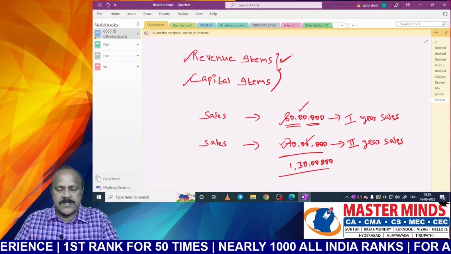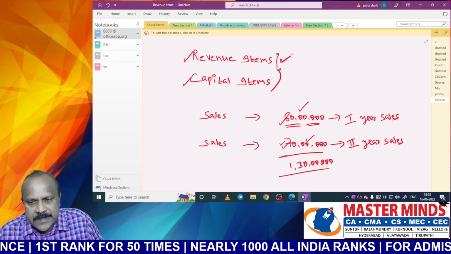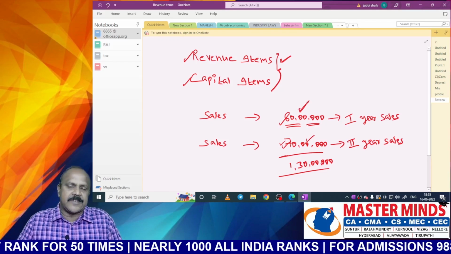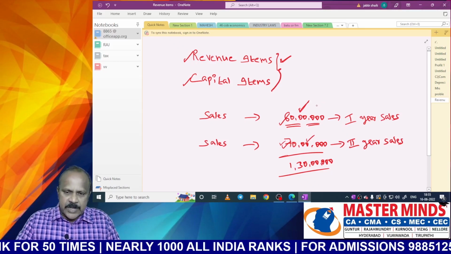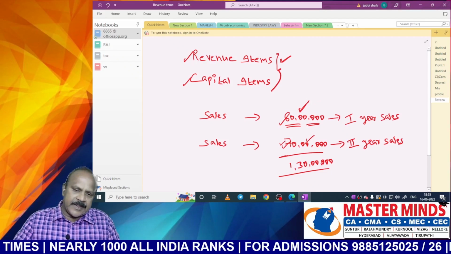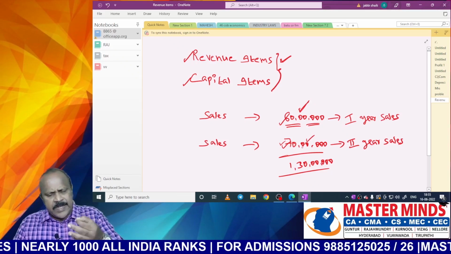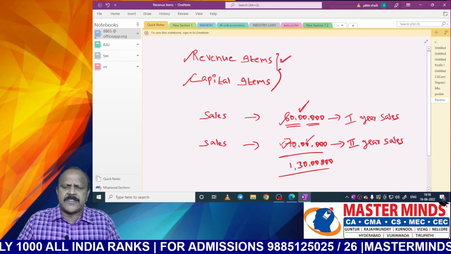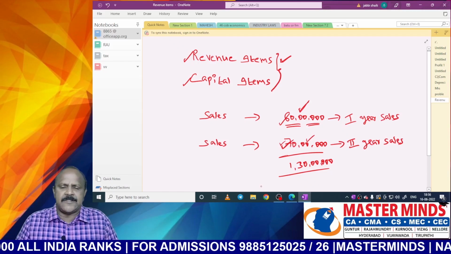For example, sales. Students, sales made during the first year is 60 lakhs. We pay sales tax during the first year on the sale of 60 lakhs. And when we get into the second year, we pay sales tax only on second year sales.